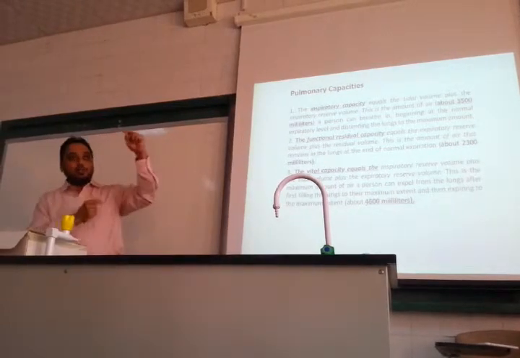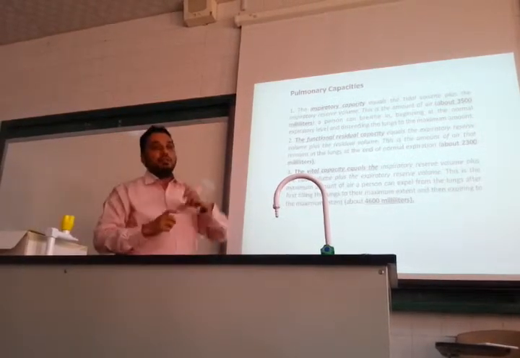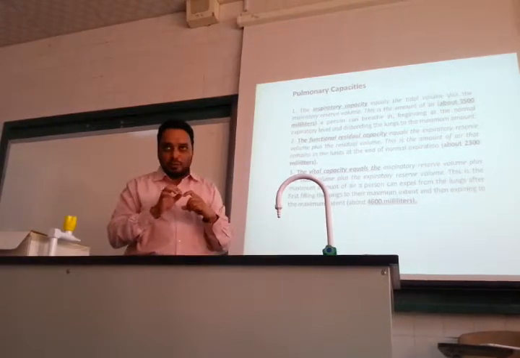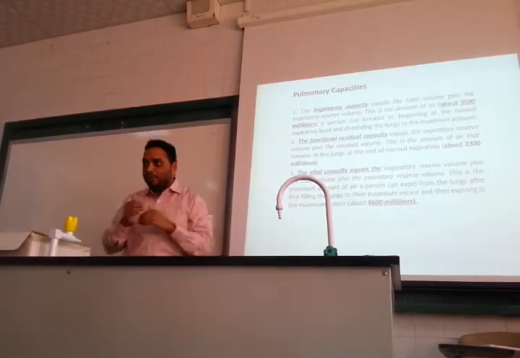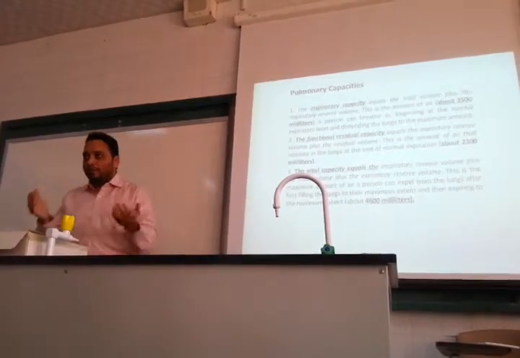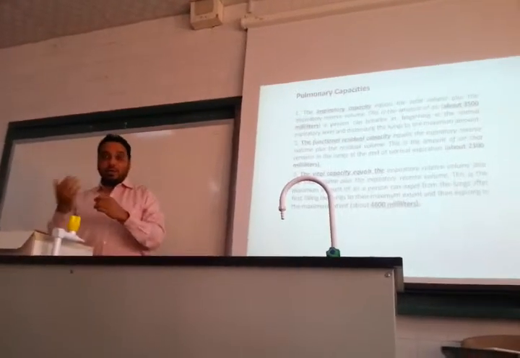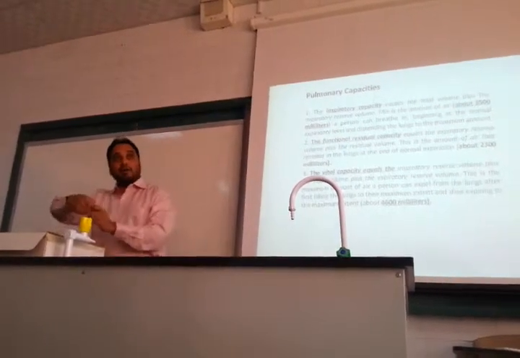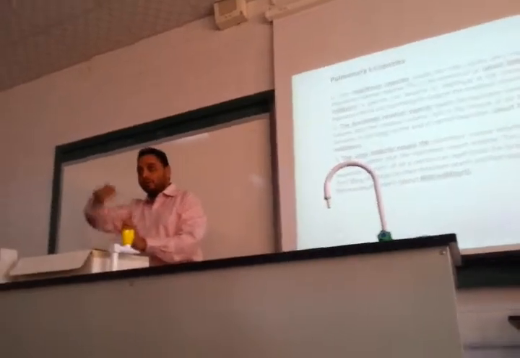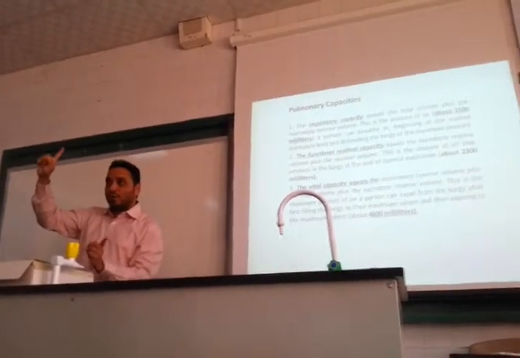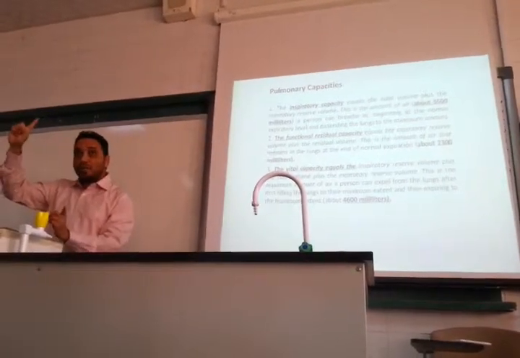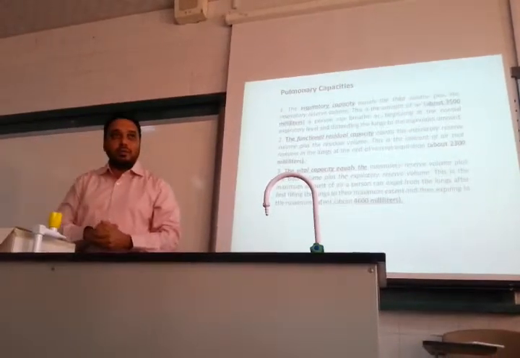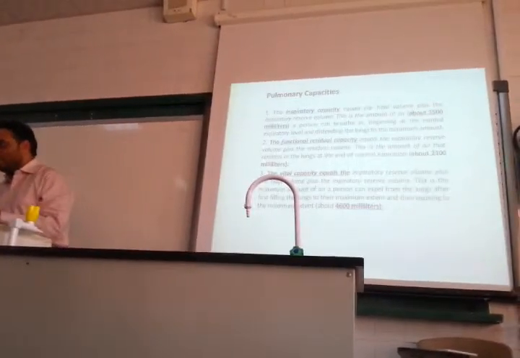So what is the inspiratory capacity of a person? It is the normal tidal volume which he inspires normally and slowly without any effort at rest. But when he applies effort, he can inspire 3 liters more, 3000 milliliters more. So this is his total inspiratory capacity.